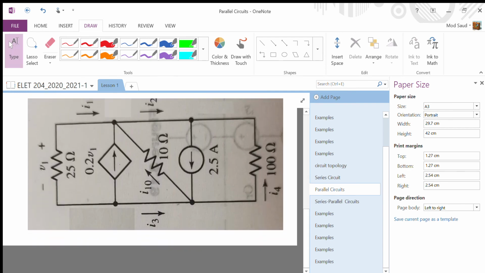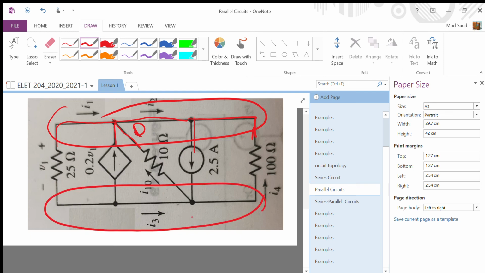We have a third example. I think I discussed this thoroughly in a previous video, so if you don't understand nodes very well, please go back to it. So this is node number 1, this is node number 2. So all the circuit is 2 nodes only, so it is a parallel circuit.